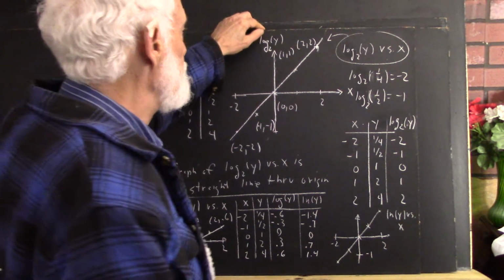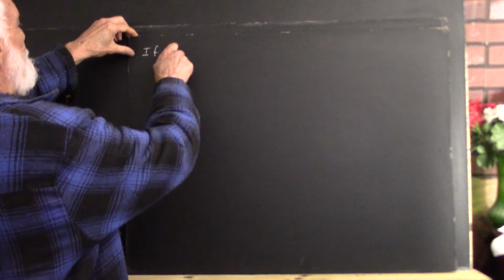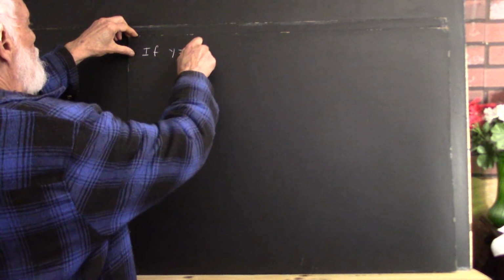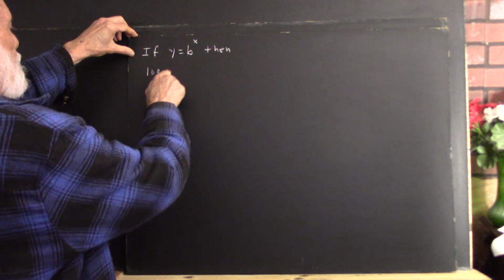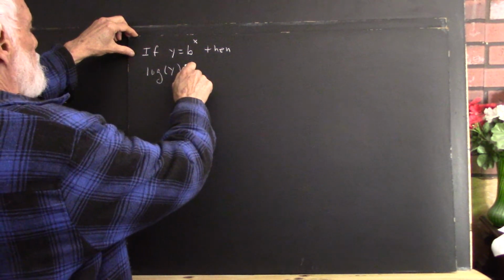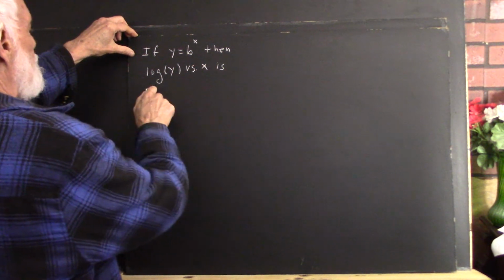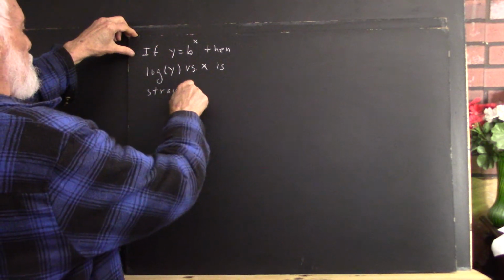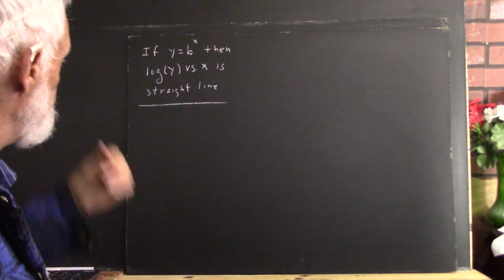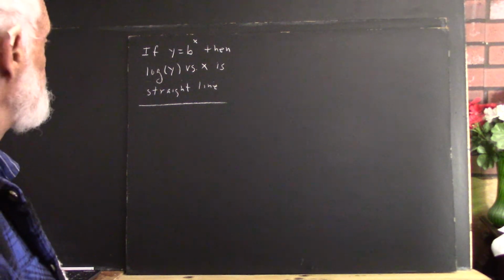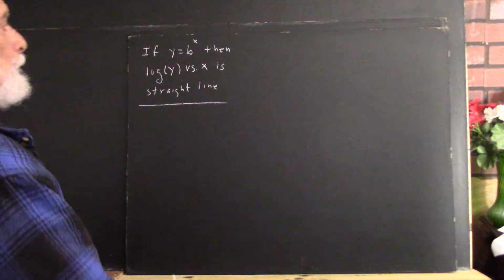We can't state this as a conclusion because we haven't proven it, but we can state with reasonable indication that it might be true that if y equals b to the x, then log of y versus x is a straight line, and that straight line would be through the origin.